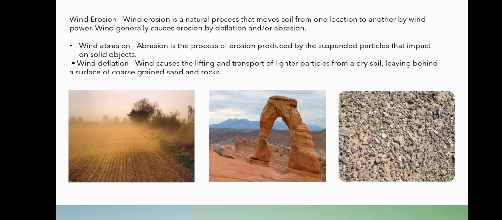Next is wind abrasion, a process of erosion produced by suspended particles that impact on solid objects. The example is the picture at the center. So marami kang makikitang wind abrasion sa desert places. It is when wind charged with sand tapos yung sand ay didikit sa bato.